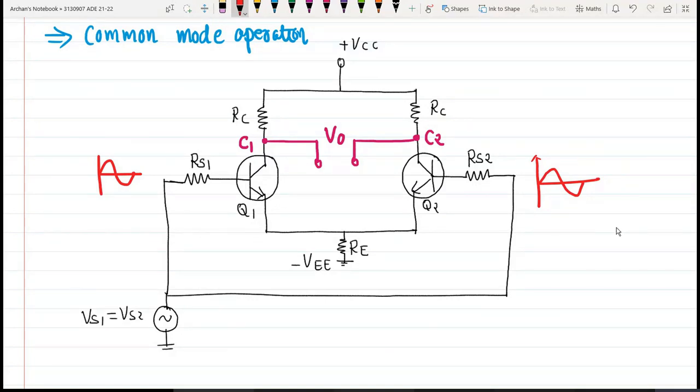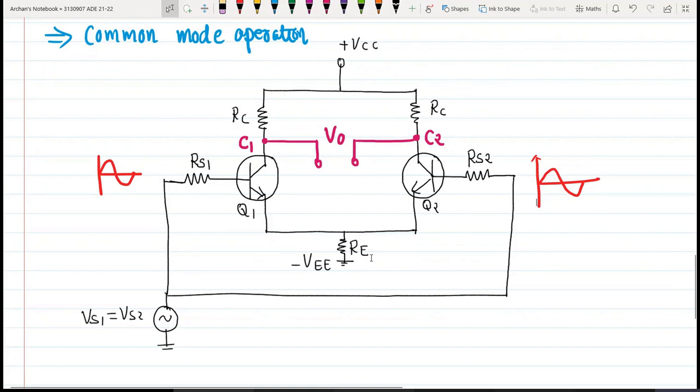You can see the in-phase signal voltages at the bases of transistors Q1 and Q2 cause in-phase signal voltages to appear across this emitter resistance Re. Now they will add together. So this Re carries a signal current and it will provide a negative feedback now. And this feedback will reduce the common mode gain of the differential amplifier.